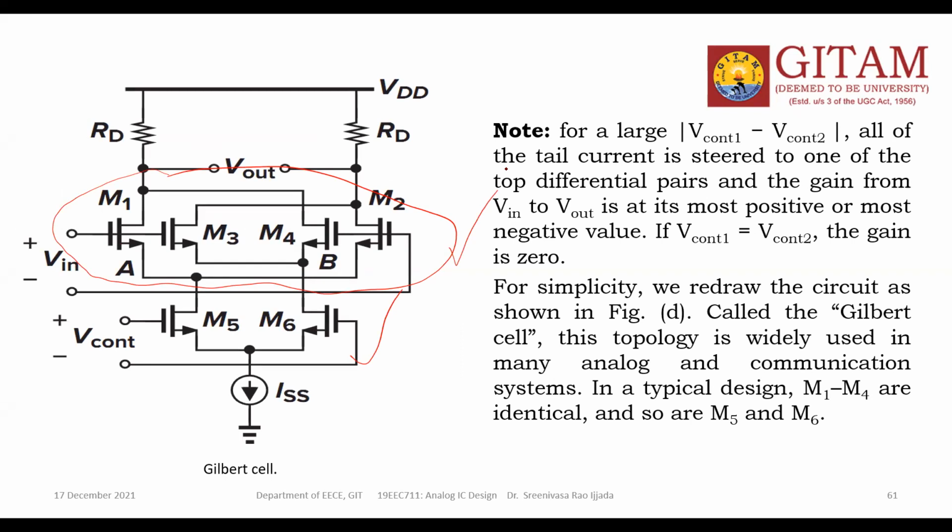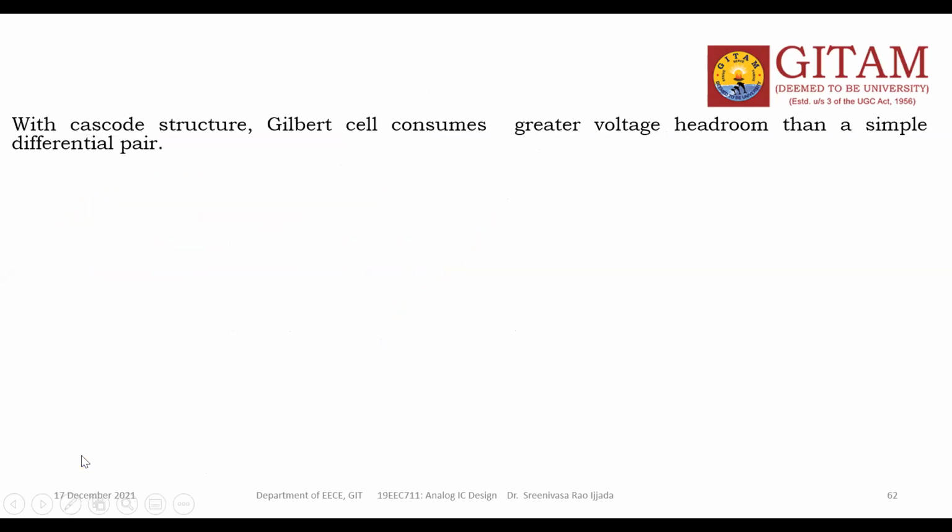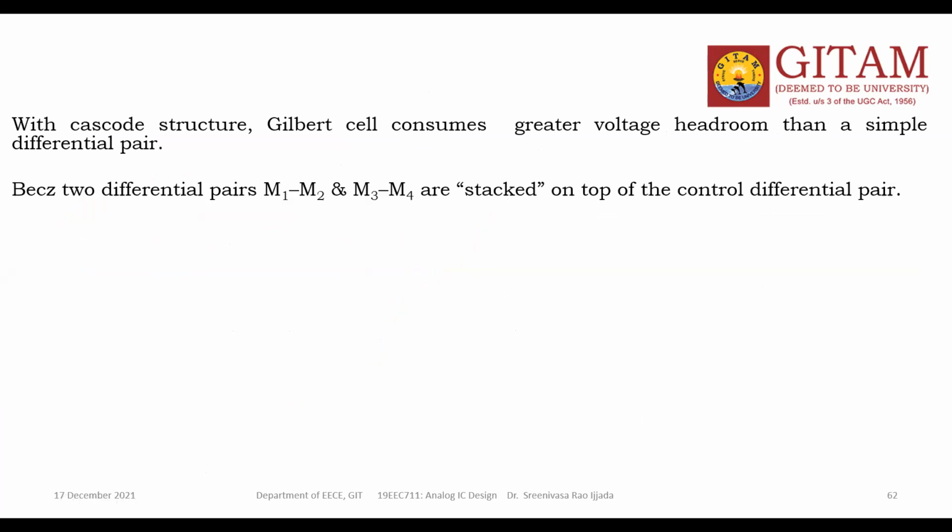These four transistors, M1, M2 and M3, M4, are two differential pairs sitting over this control differential pair, which is nothing but M5 and M6 at the bottom. On the head of M5 and M6, there are four transistors. So they are stacked. Stacked means connected, arranged like this.